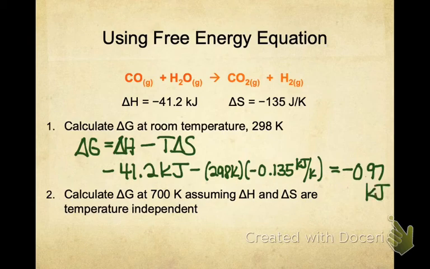Because negative 0.97 kilojoules is less than 0, free energy is going to be released, and this is a spontaneous reaction. So because this is a negative value, delta G is less than 0, so it's favorable.